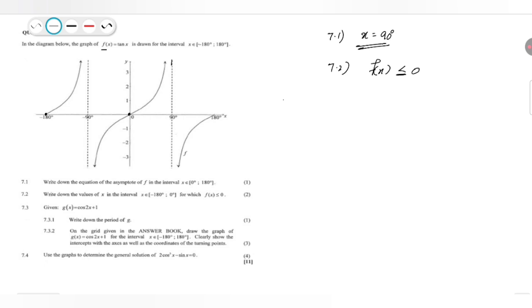Then what are the graph parts below the x-axis? That is this one, the one I'm shading below the x-axis, isn't it? So what are the x values? First x value is minus 180. The reason I'm taking this one is because of the equal to 0 there. Otherwise I wouldn't have taken that.